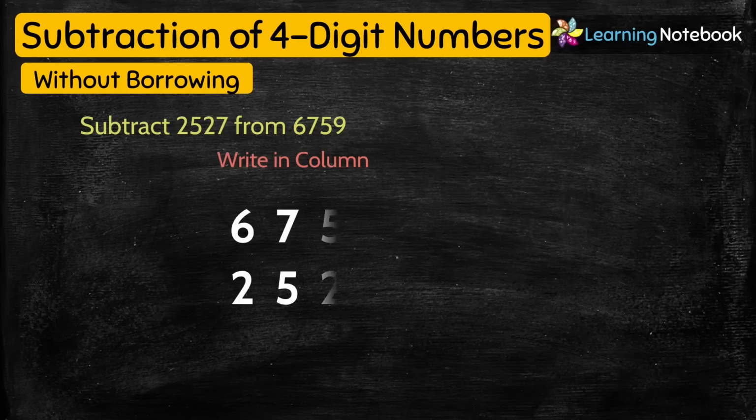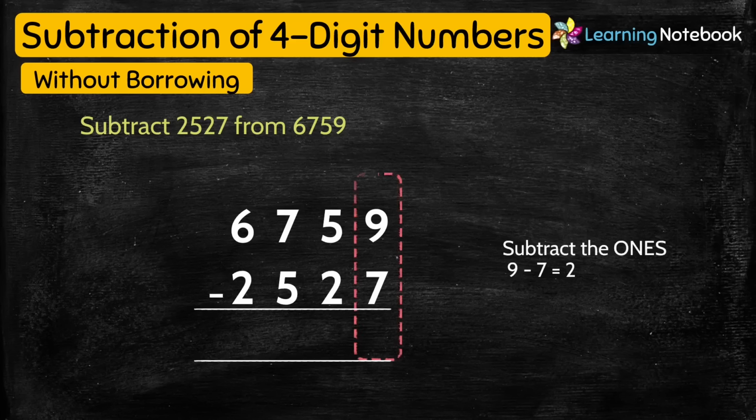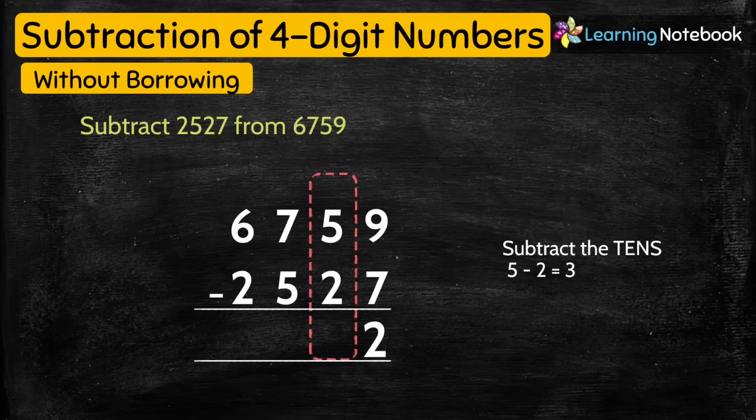So first we will write these numbers in column. Then we will start subtracting them from ones place. 9 minus 7 equals 2. Then subtract the digits at tens place. 5 minus 2 equals 3.